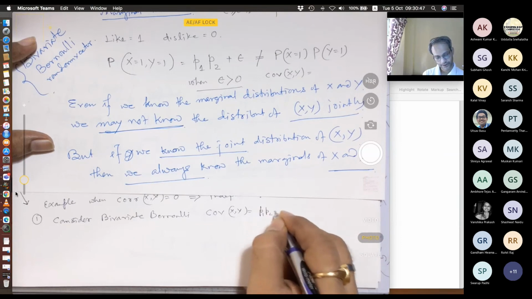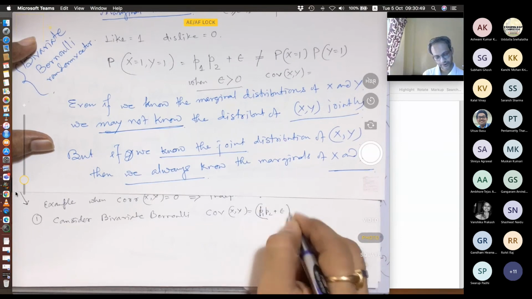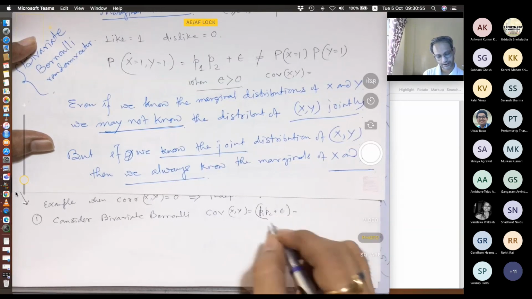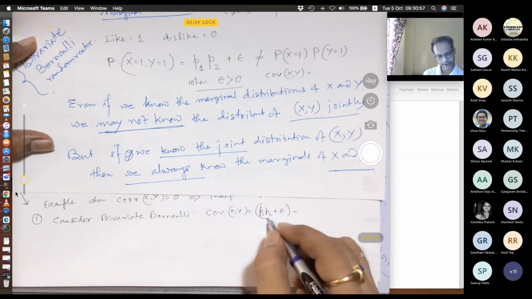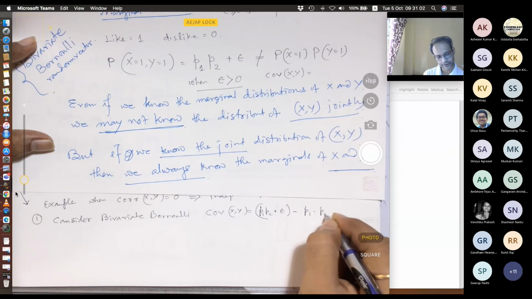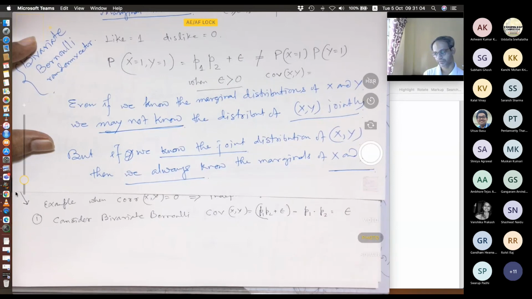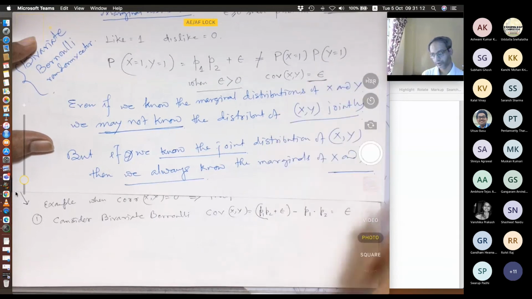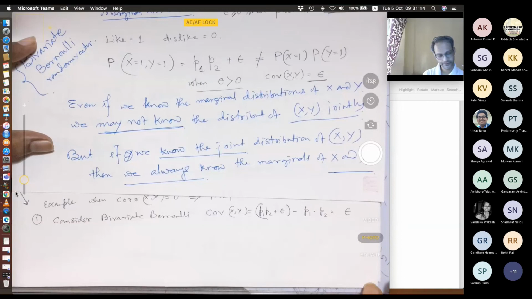So expectation of xy is P1 P2 plus epsilon, minus expectation of x, which is P1, into expectation of y, which is P2. So covariance is epsilon. Is it okay? Yes, very easy.